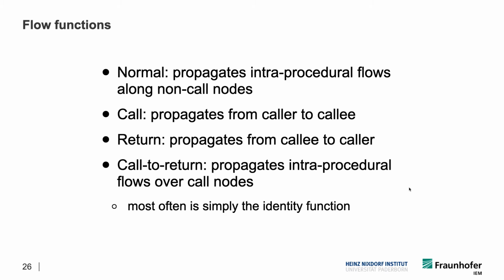Or you might also have a situation where you pass pointers as arguments into a procedure call, and then the callee procedure might even strongly update information about some data structures that can be accessed through these pointers. Or in Java, they can also be object references. And in these cases, you also need to be careful with using the identity function as a call to return flow function, because then values can really be overwritten, and your call to return flow function should account for that.